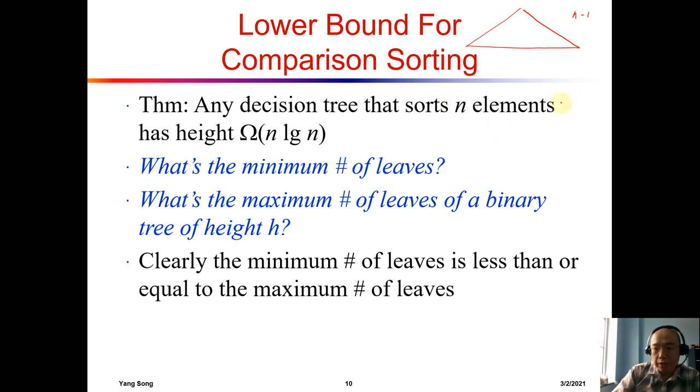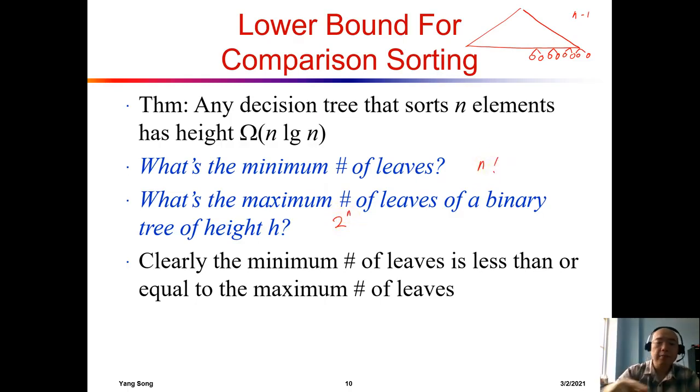So each node has 2 leaves, and then 2 leaves like this. So in the last level we have all leaves, and how many leaves are we going to have? The answer will be 2 to the power h. And for the previous question the answer is n factorial.